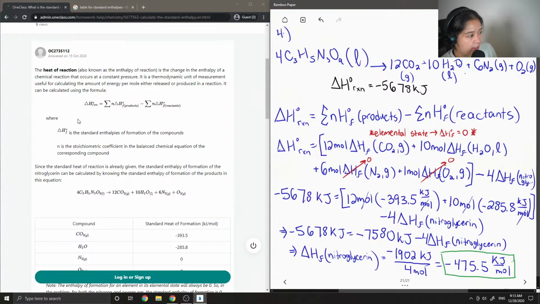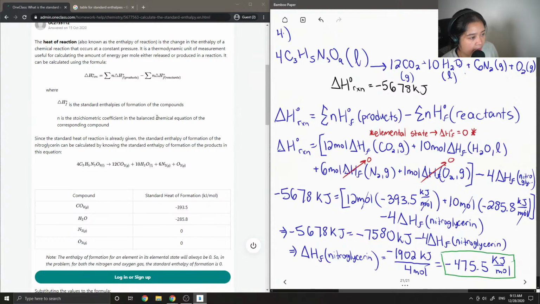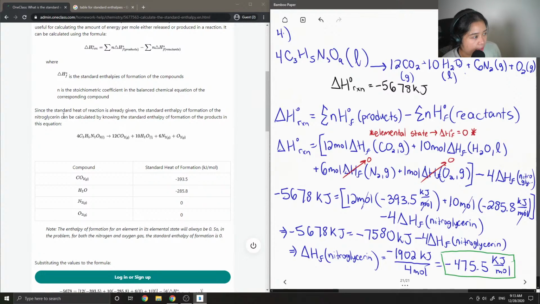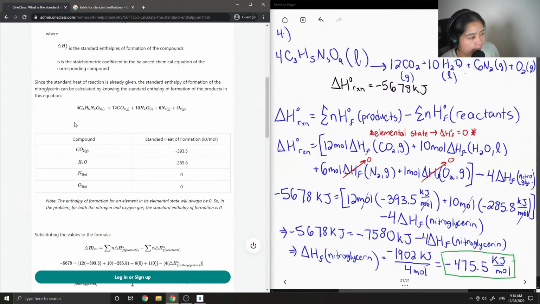So delta Hf is the standard enthalpy of formation of the compounds, and n is the stoichiometric coefficient in the balanced chemical equation of the corresponding compound. Since the standard heat of reaction is already given, the standard enthalpy of formation of the nitroglycerin can be calculated by knowing the standard enthalpy of formation of the products in this equation.